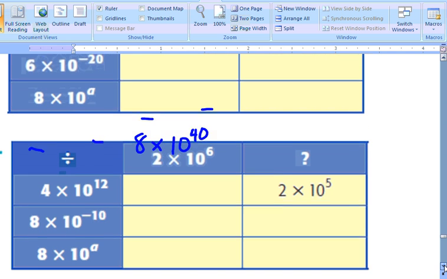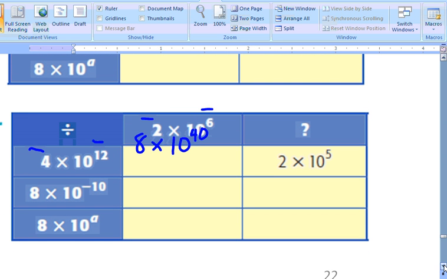That's this problem right here. I want to help you find this missing number here. Now this is a division, so we want to do 4 times 10 to the 12th divided by something to get 2 times 10 to the 5th. Now if I'm working backwards, really what I want to know is how many times does 2 times 10 to the 5th go into 4 times 10 to the 12th?